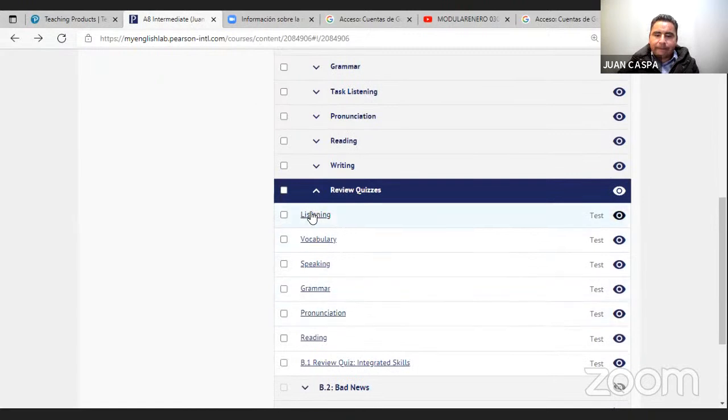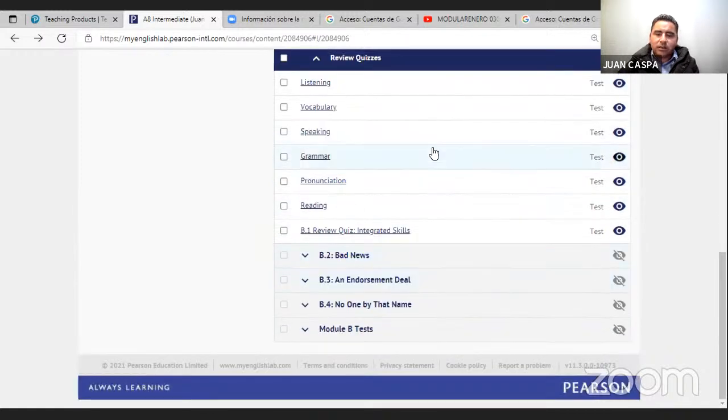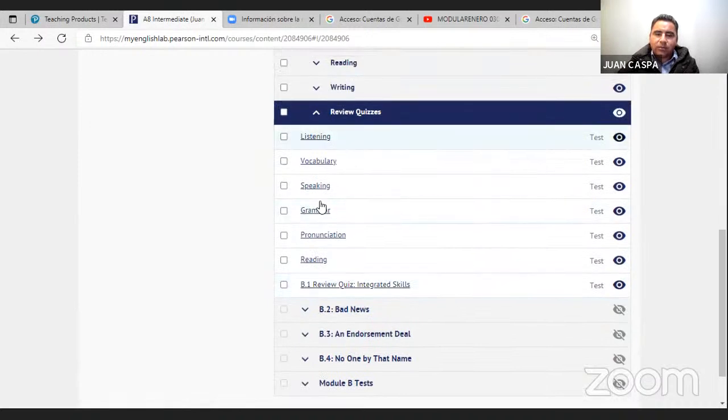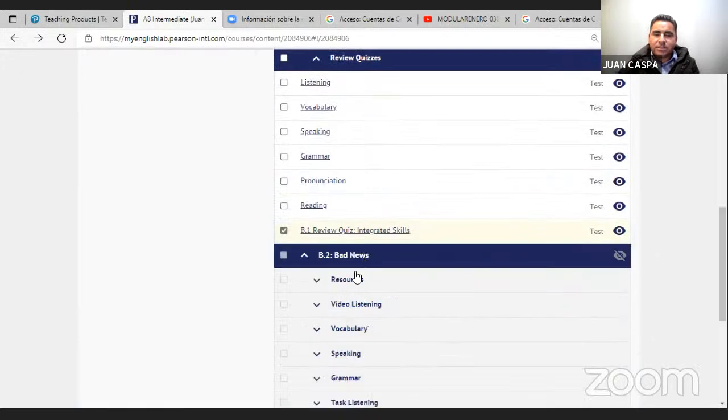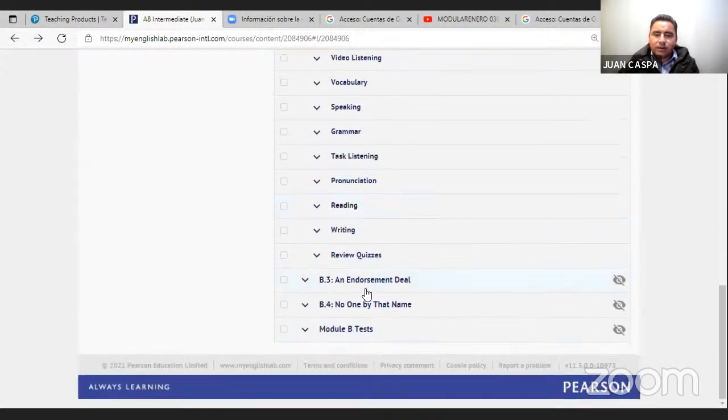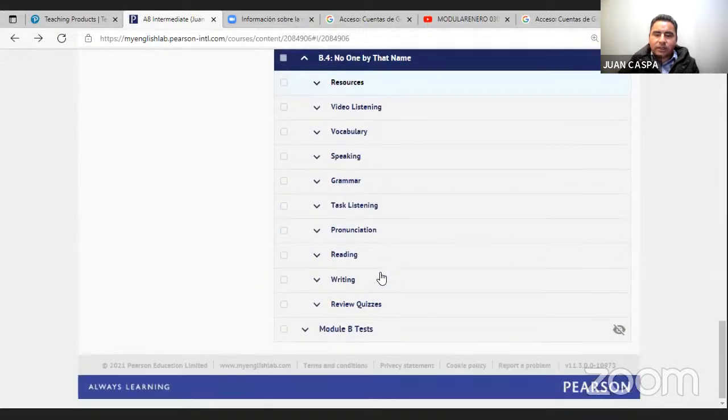Okay. And for example, there's going to be listening, vocabulary, speaking, grammar, pronunciation, reading, and the integrated skills quiz. I'm going to assign you just this one because this is everything about this lesson. And there's going to be the second one to keep going, the third lesson, and the fourth lesson.